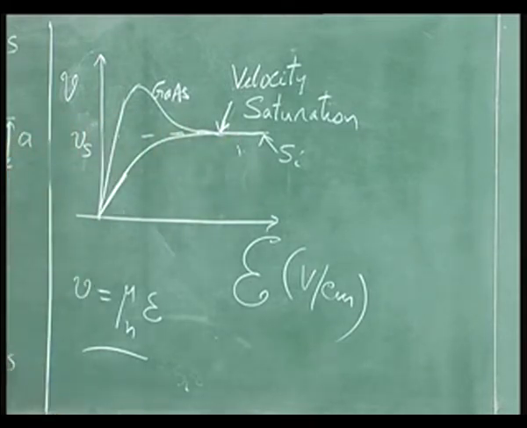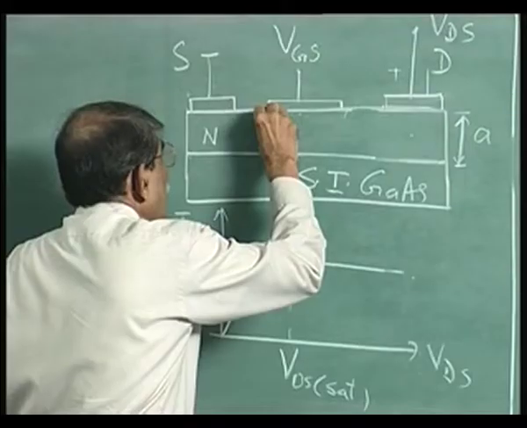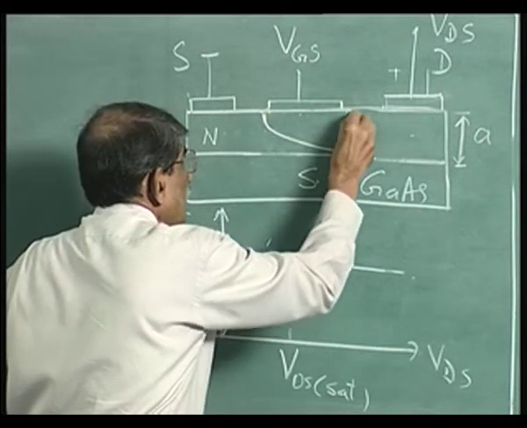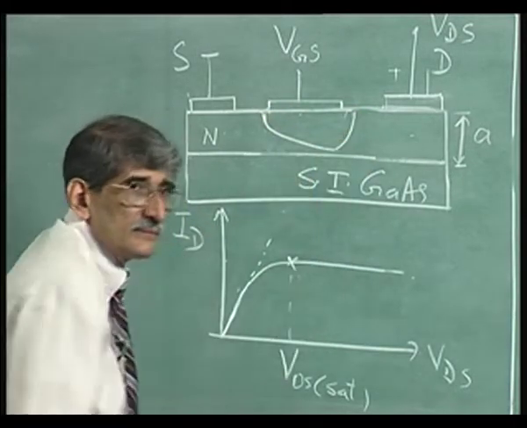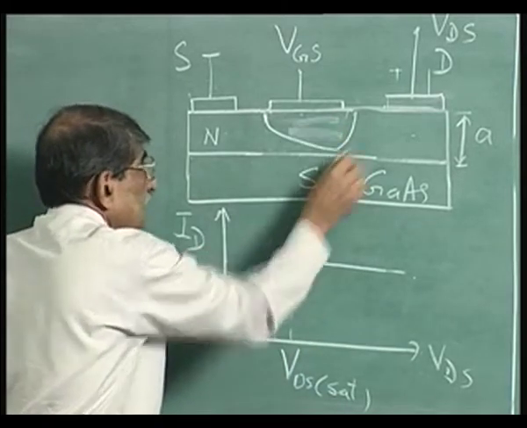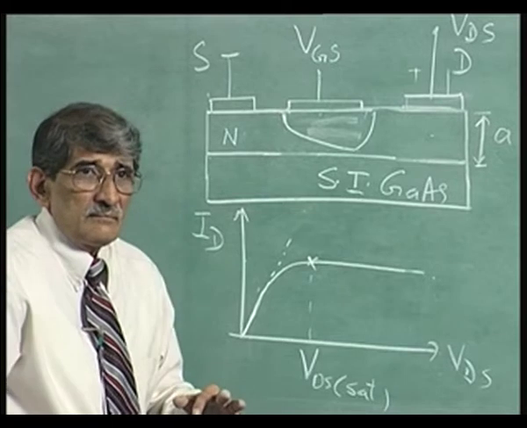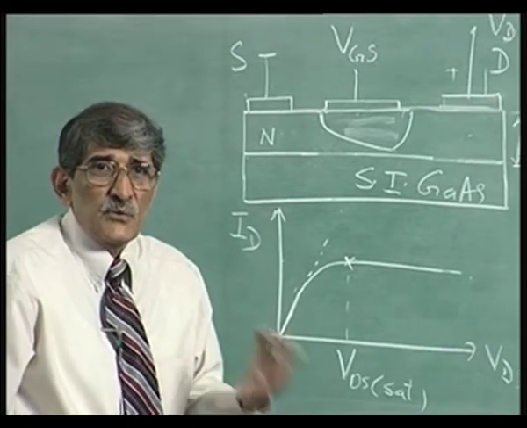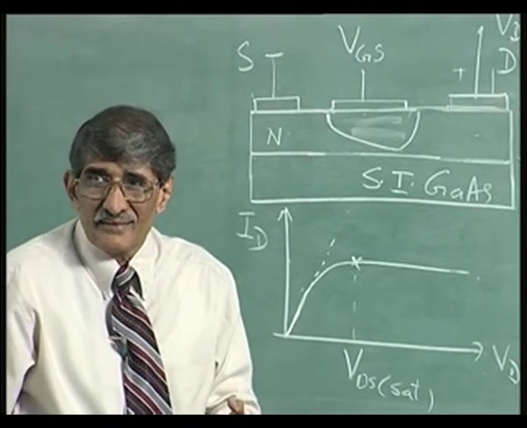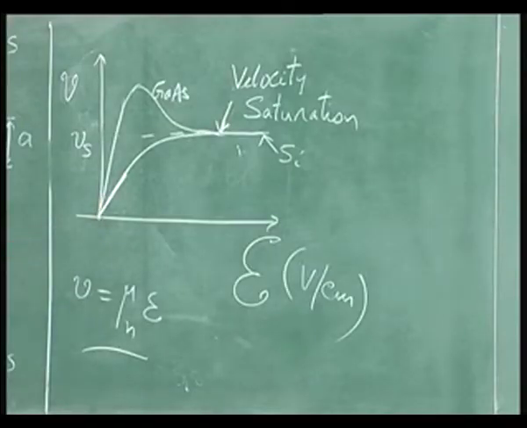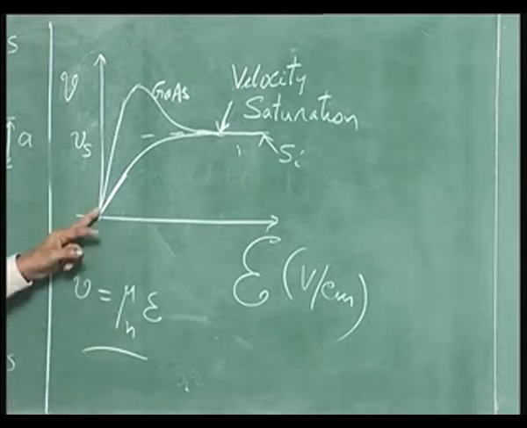Let us take a look at this here. It is like that, like this. That is the depletion layer. Current can be written as q n into v. In fact, we have used that equation in deriving that. v is equal to mu n into E only in this portion.